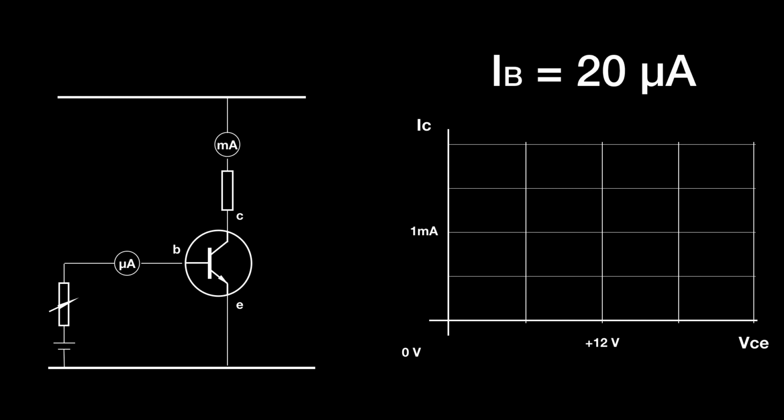If we now adjust the variable resistance in the base circuit such that 20 microamps flows into the base, and we similarly alter VCE between 0 and let's say 18 or 24 volts, this is the graph we get. It's labeled 20 microamps because that's the base current that's flowing, but you can see that virtually for all values of VCE after some sort of value, the current flowing in the collector circuit is half a milliamp.